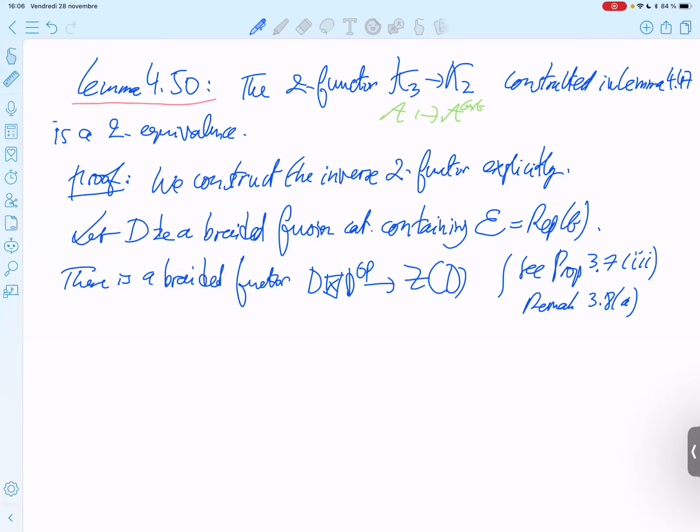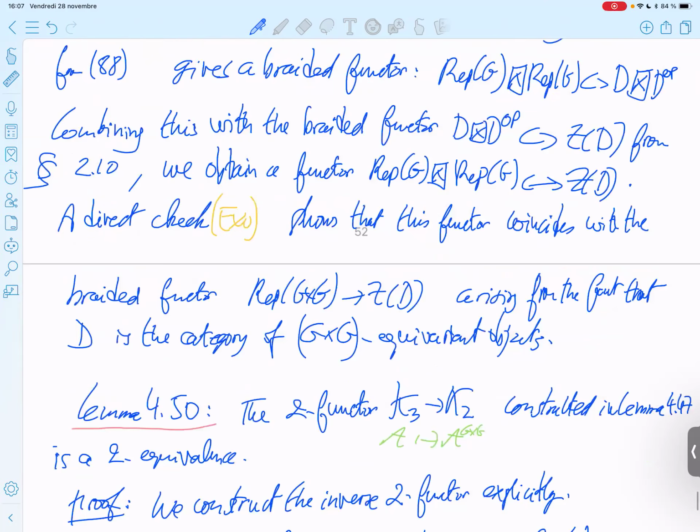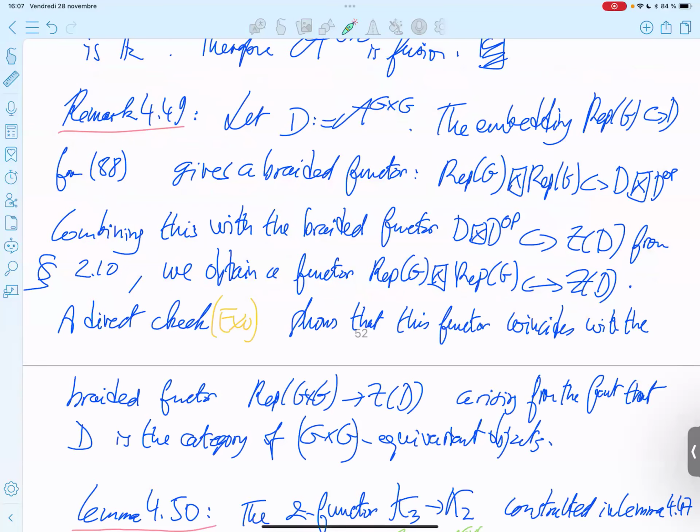Ah, I see. In section 2.10, we consider for the first time this kind of embedding using the braiding of D and its inverse.